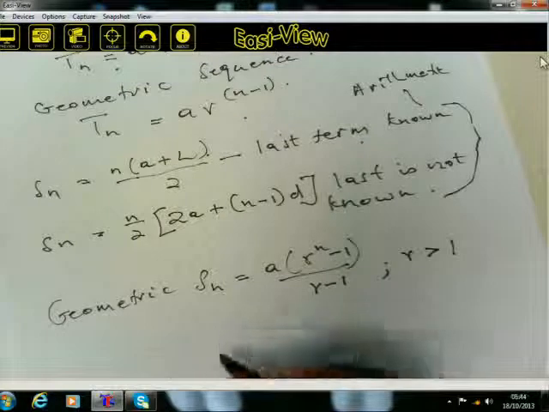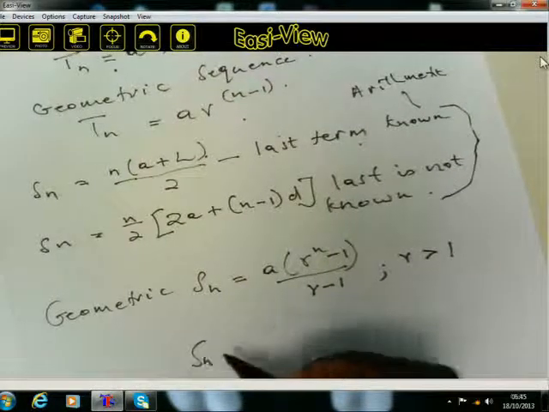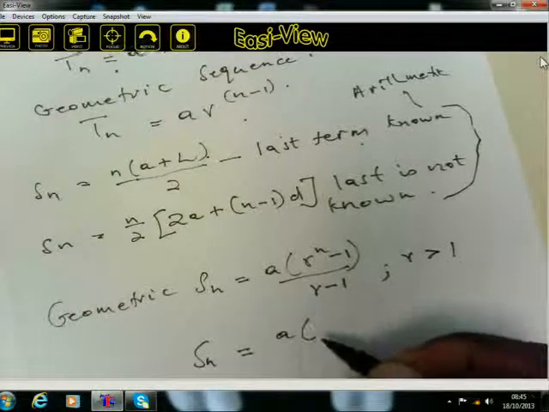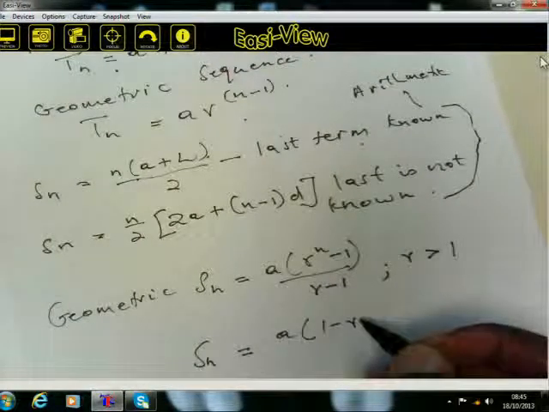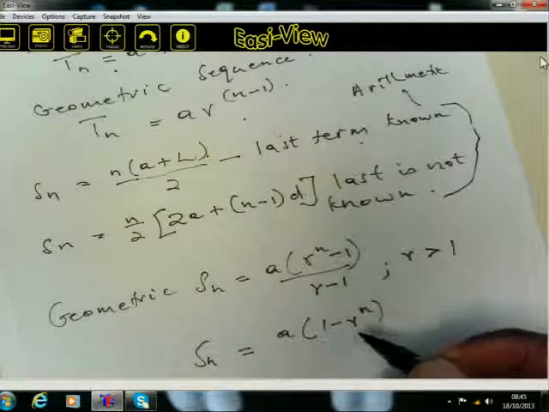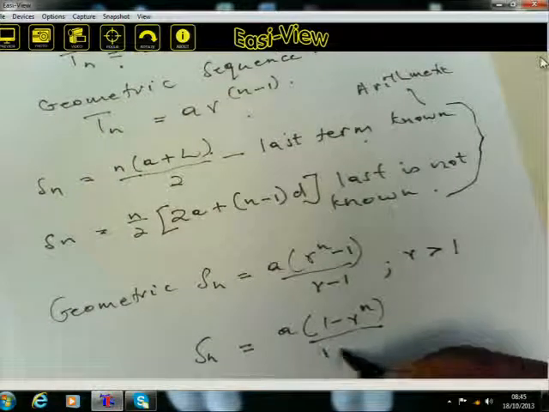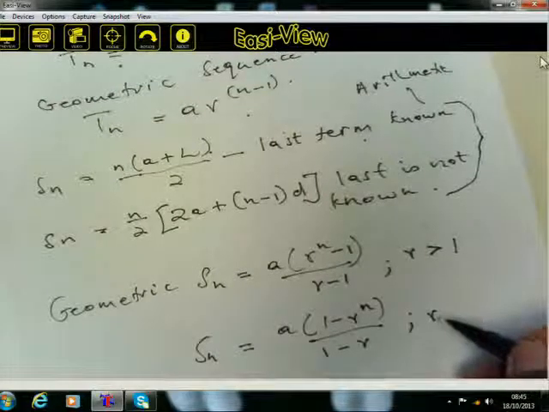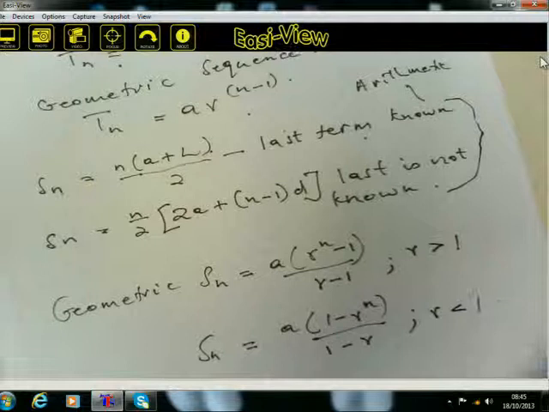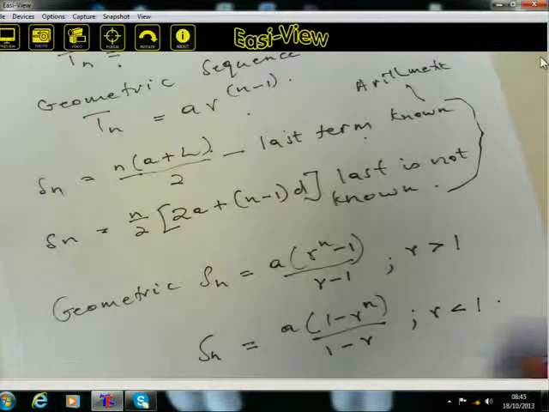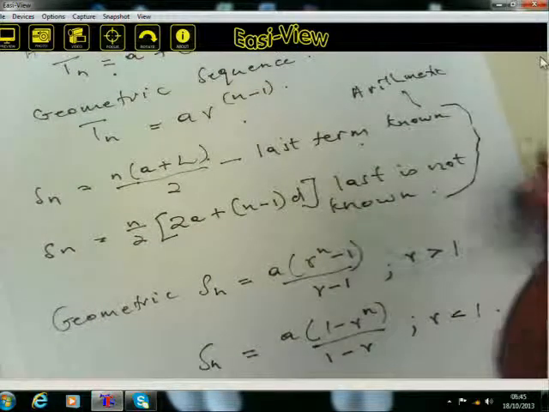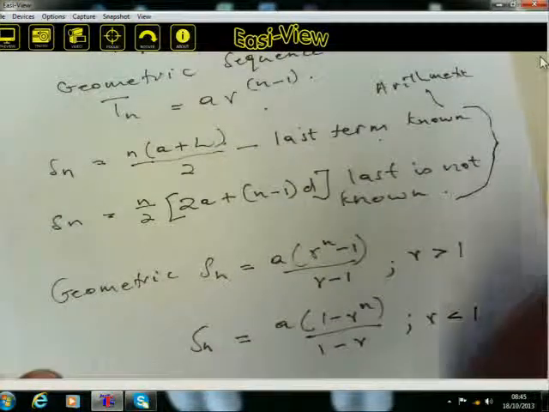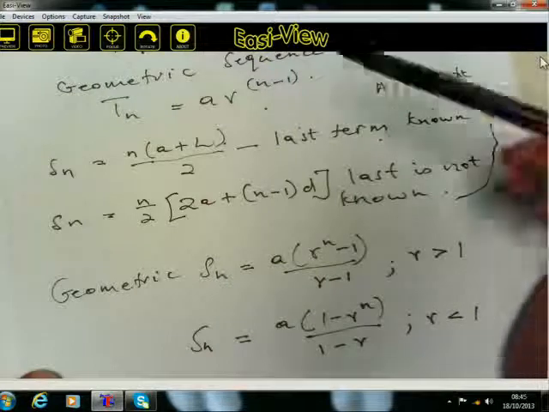And then it is going to be Sn is equals to A into 1 minus r to the power of n over 1 minus r when r is less than 1. Very important. Now, as I said, in sequences and series, there are formulae that are very, very important.